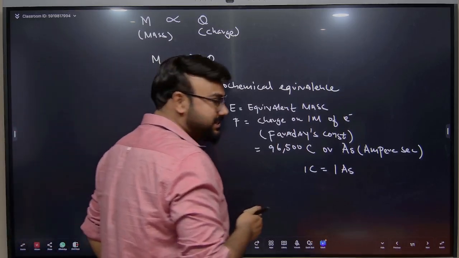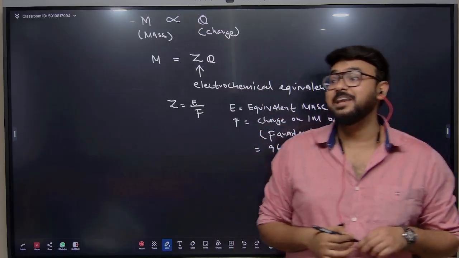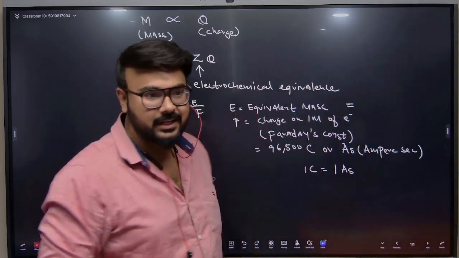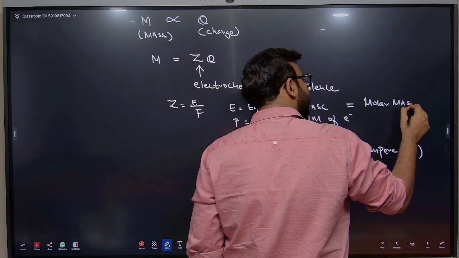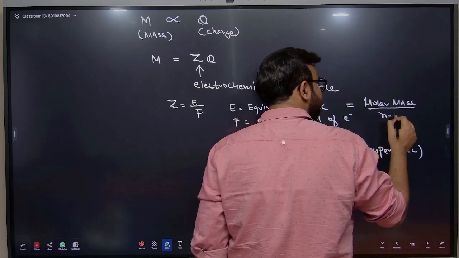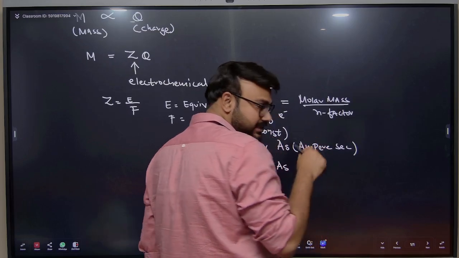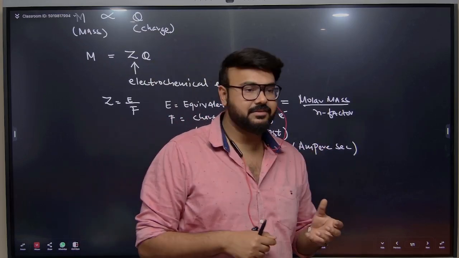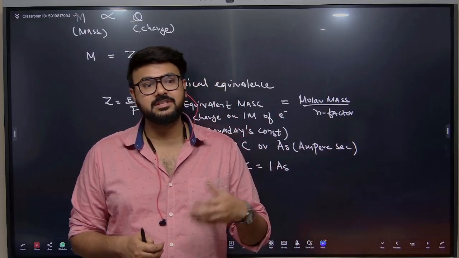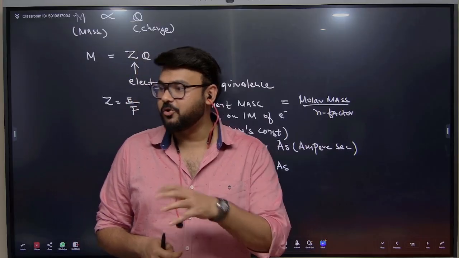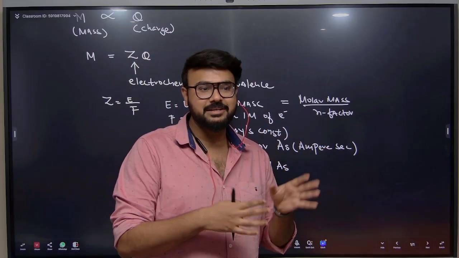I hope it's clear. But right now we only know F. How do we know the equivalent mass? How do we calculate it? You must have studied in grade 11 in normality: it's molar mass by n factor. And what is the n factor here in this electrochemistry chapter? See, the n factor definition keeps on changing. In redox reactions it's something else, in electrochemistry it's something else, in normality and the mole concept it's something else, because there you have acids, bases and salts.